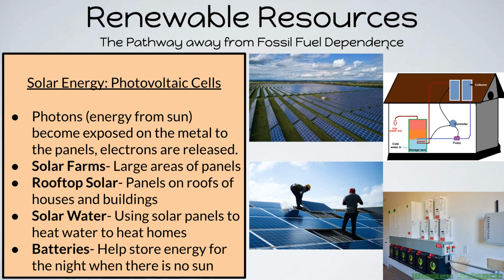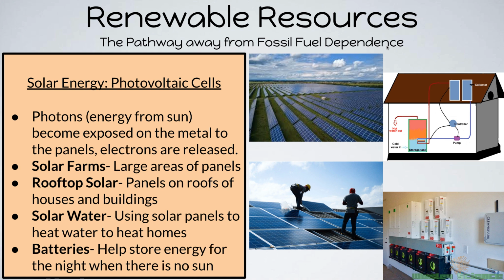These come from photovoltaic cells. What's happening is the photons, which is energy from the sun, becomes exposed to the metal of the panels, which makes electrons then become released. The electrons then travel through DC current on wires and then eventually can travel to an AC adapter, which converts the electricity from DC to AC, and then you could run the energy that's happening off your rooftop into your house.